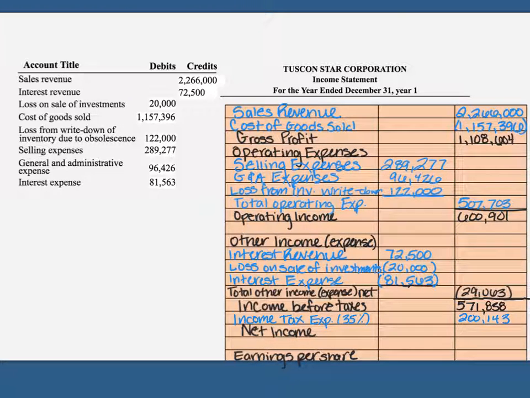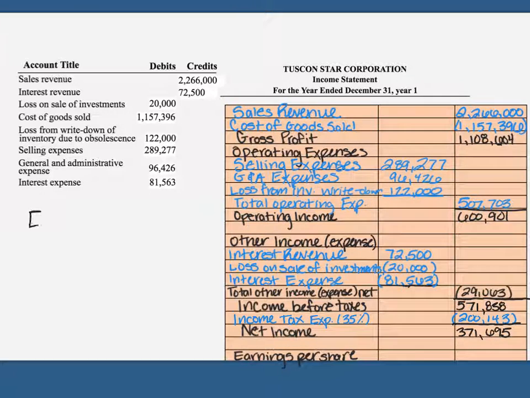If we then subtract that, we will finally get to our net income. Net income will equal $371,695.